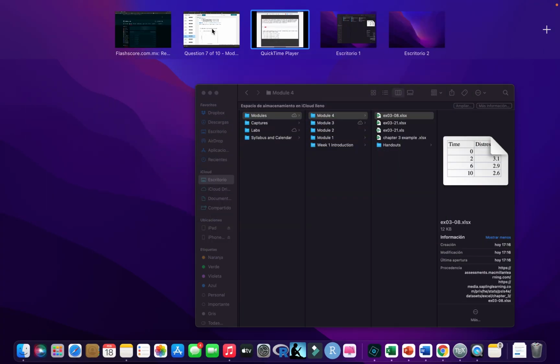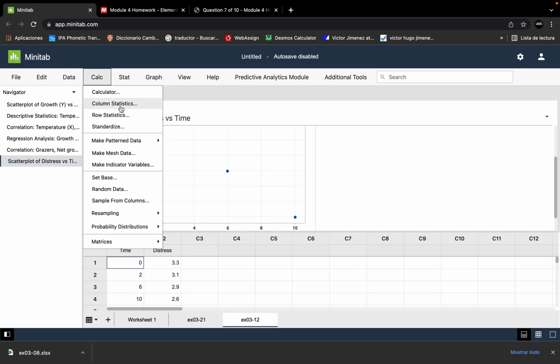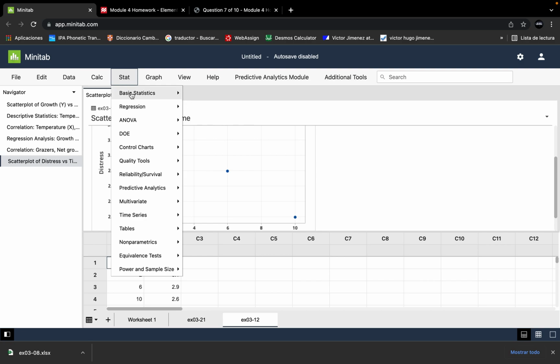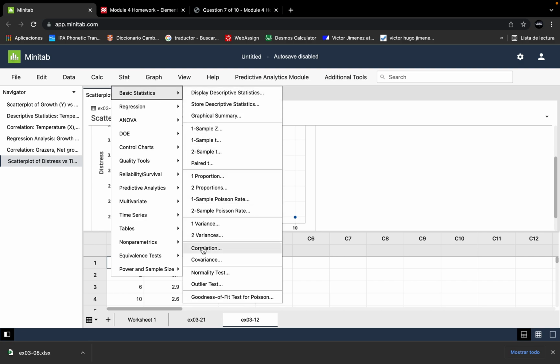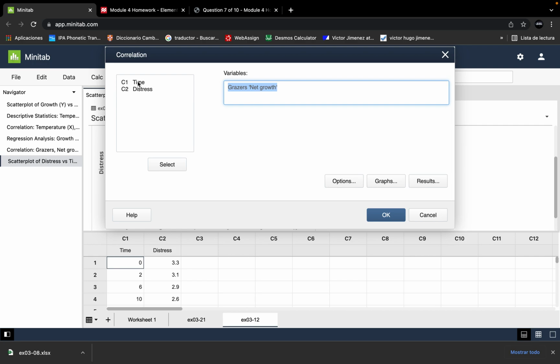Just to verify, go to Minitab. Remember, go to Stat. I'm sorry, I was confused. Basic statistics, correlation. Stat, basic statistics, correlation. Correlation between time and distress.